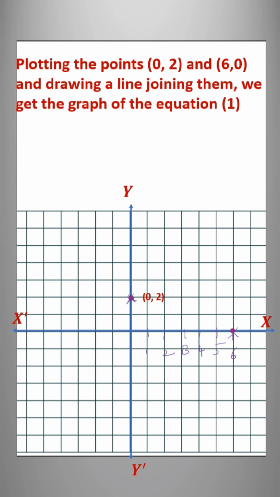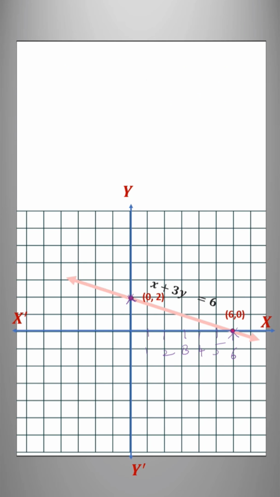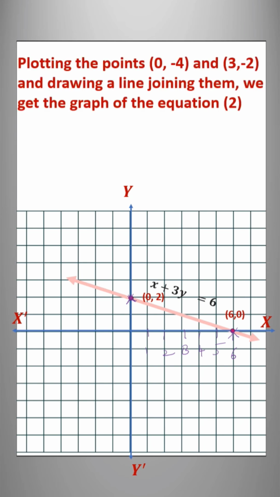So now let us join these points by a straight line which represents the equation x plus 3y is equal to 6. Now let us plot the points (0, -4) and (3, -2), and drawing a line joining them, we get the graph of equation number 2.